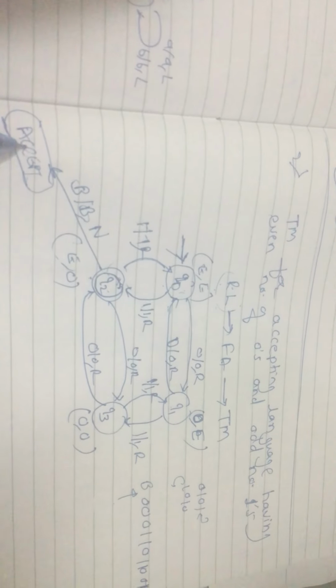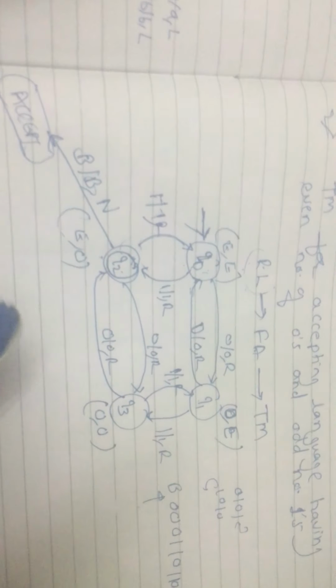In the rest of the cases the string will be rejected. If it ends at Q0, it is rejected; at Q1, rejected; at Q3, rejected. But when it comes to Q2, it goes to the accept state.